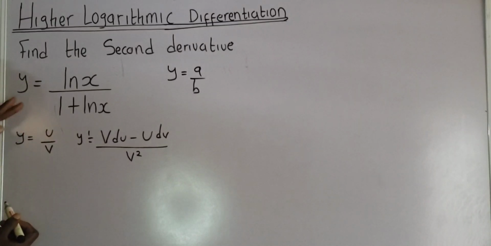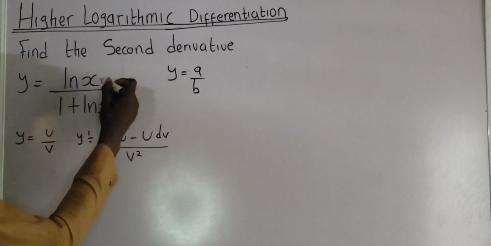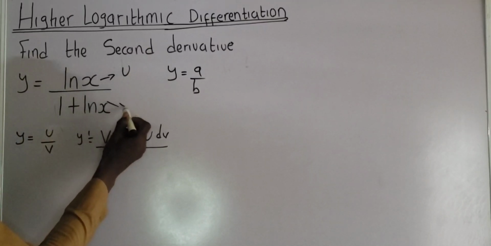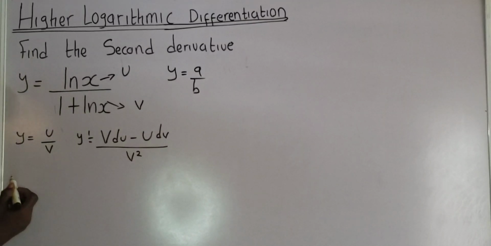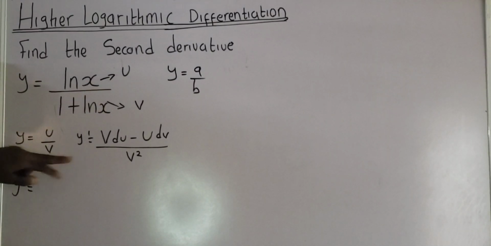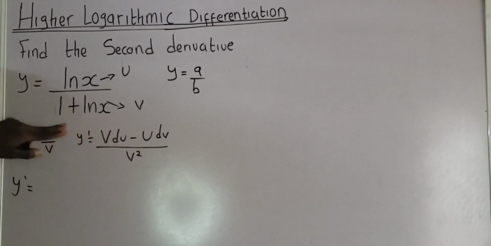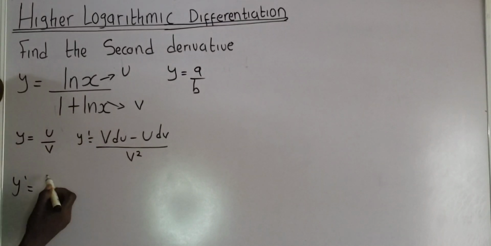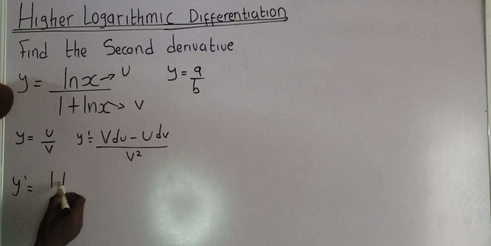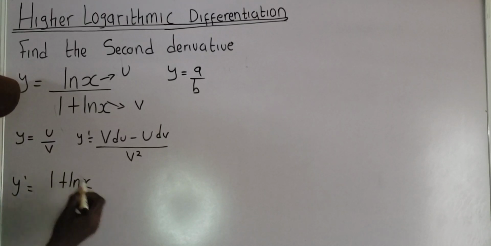If you compare this function with this function, you can see that this is u and this is v. So the derivative of y is equal to, from this formula, I first need v. And v is 1 plus ln x. So I'm going to have 1 plus ln x.